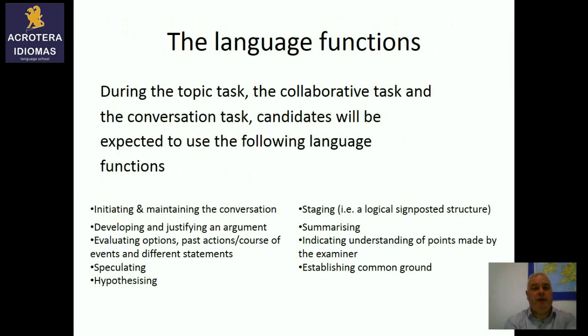During the topic task, the collaborative task and the conversation task, the language functions that the candidate will be expected to use are the ability to initiate and maintain the conversation between themselves and the examiner, the ability to develop and to justify a particular argument or point of view, to evaluate options, to evaluate the events of the past, and to make different statements in either support or rejection of events of the past.